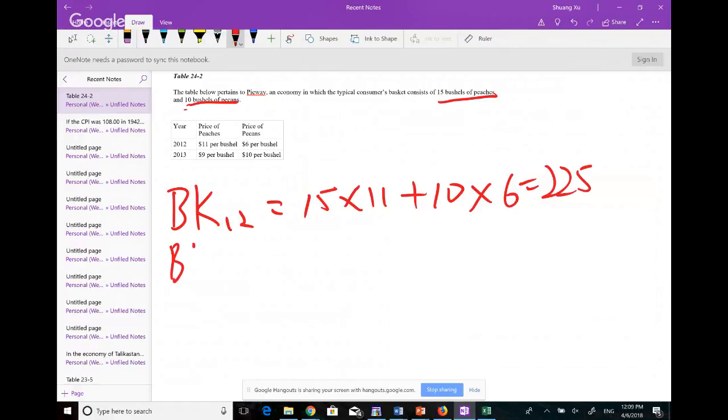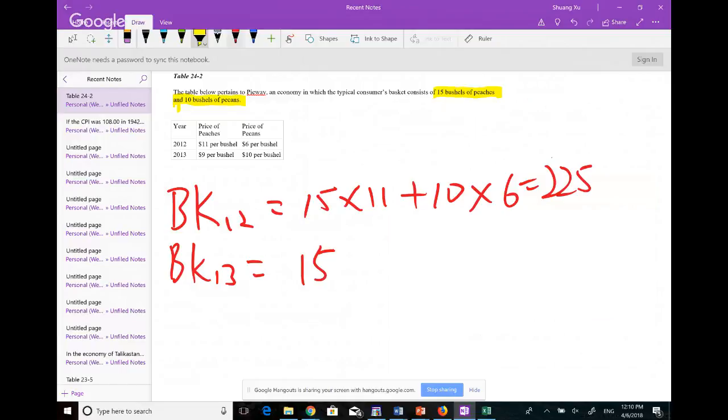Basket value for 2013. That will be 15 peach. This quantity over here doesn't change. Actually, let me highlight this, that might be better. The quantity will never change: 15 bushels of peach and 10 bushels of pecan.